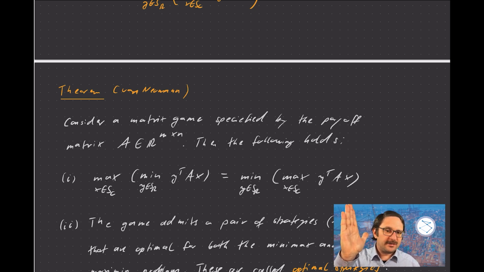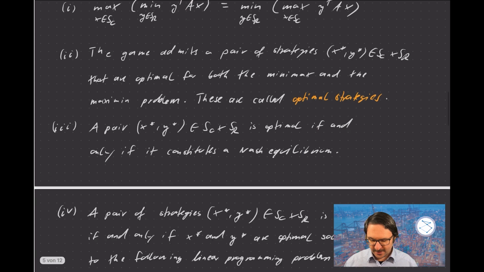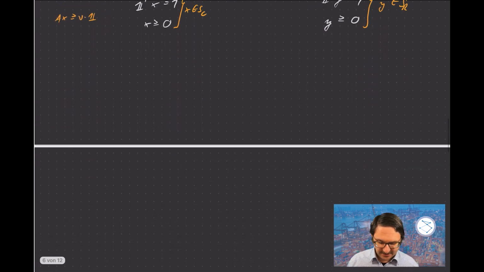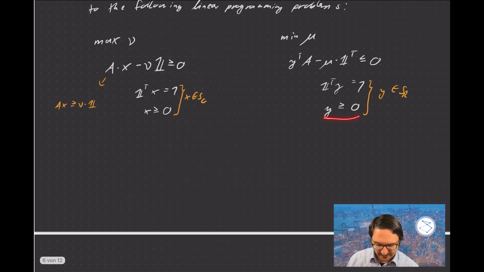So each row of Ax is greater or equal to nu, and then we do a linear combination with, remember, y being a strategy vector, so that only has non-negative components. And that means the result will always be greater or equal to nu, because the entries of y also sum up to 1. Non-negative components sum up to 1, and we only have entries that are greater or equal to nu, so this sum will necessarily also be greater or equal to nu.